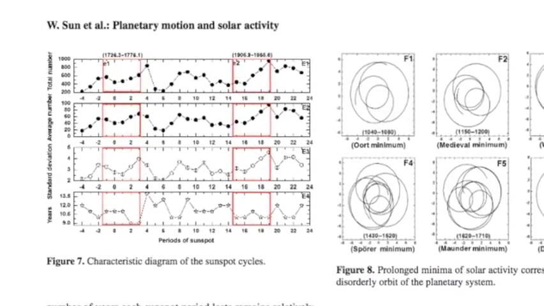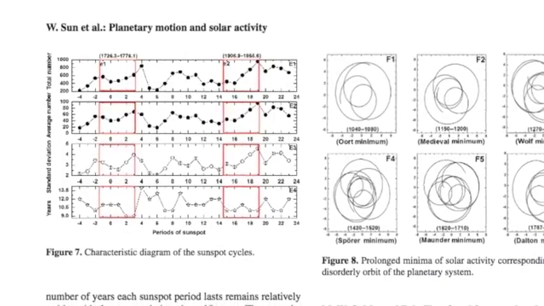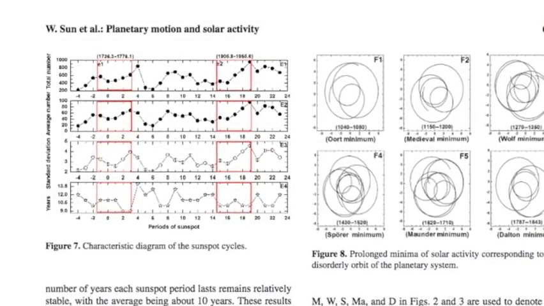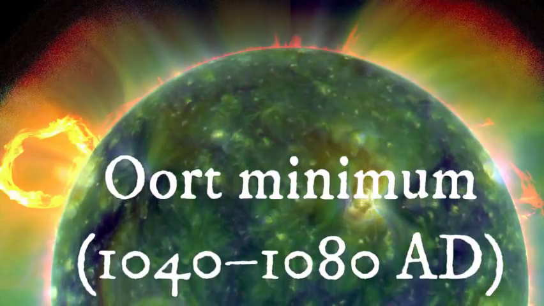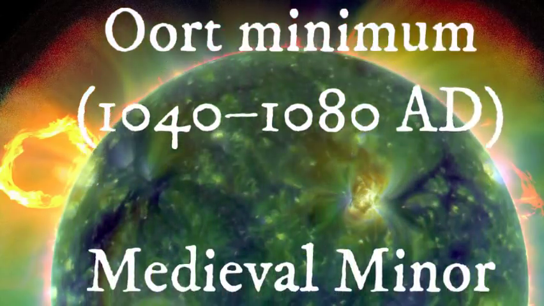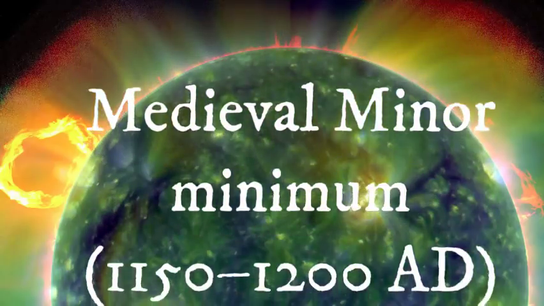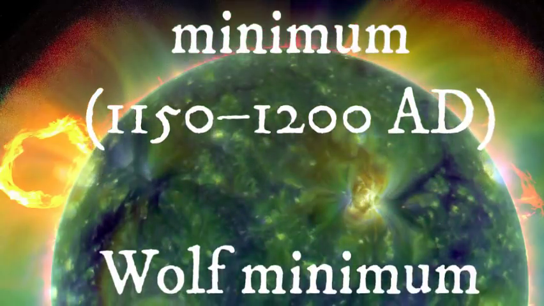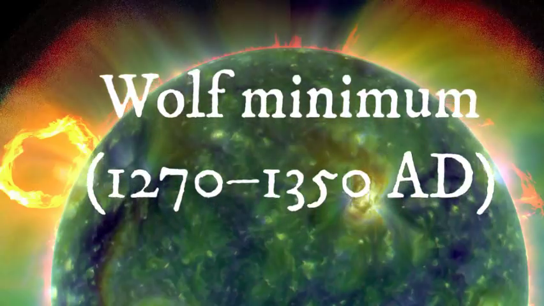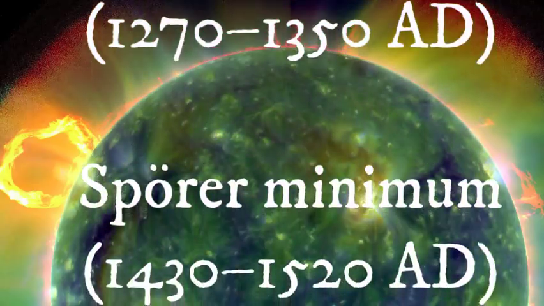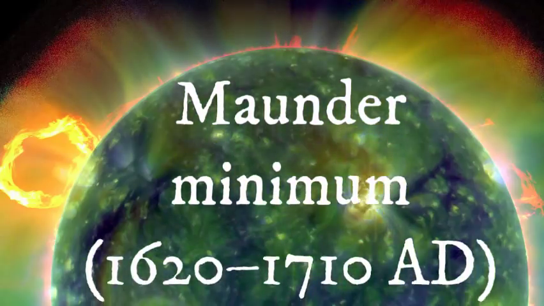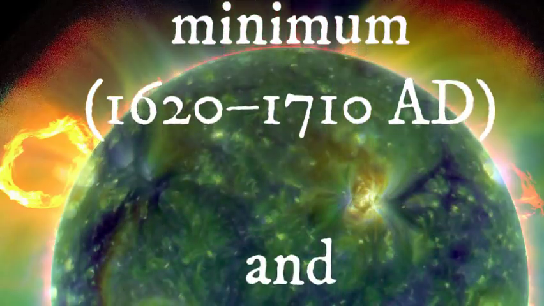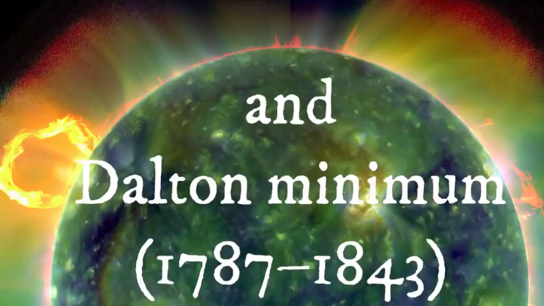Six protracted solar minimums have been observed since 1000 AD, and these minimums are the Oort minimum of 1040 through 1080 AD, medieval minor minimum 1150 through 1200 AD, Wolf minimum 1270 to 1350 AD, Spörer minimum 1430 to 1520 AD, Maunder minimum between 1620 and 1710 AD, and the Dalton minimum 1787 through 1843.